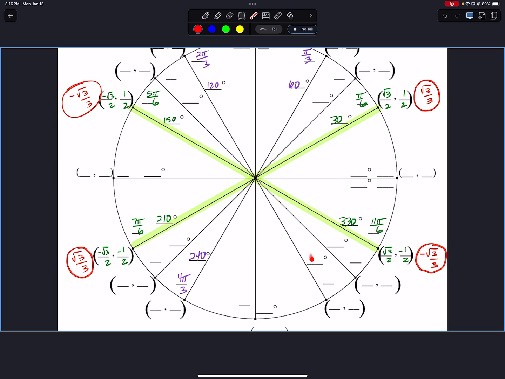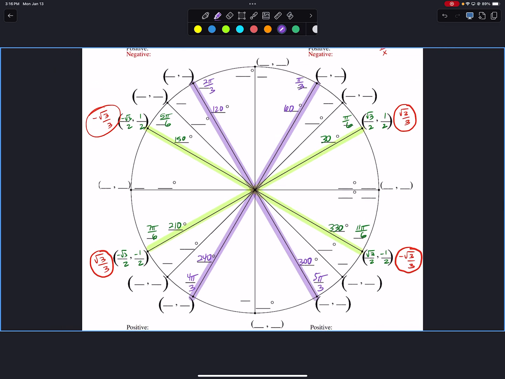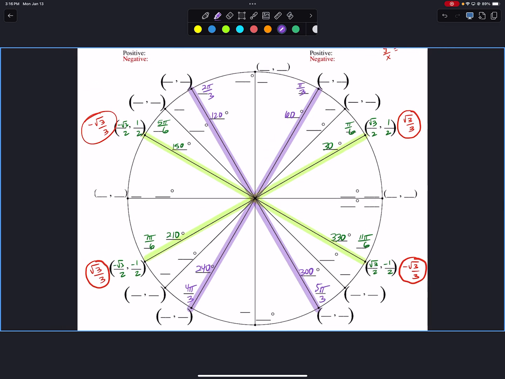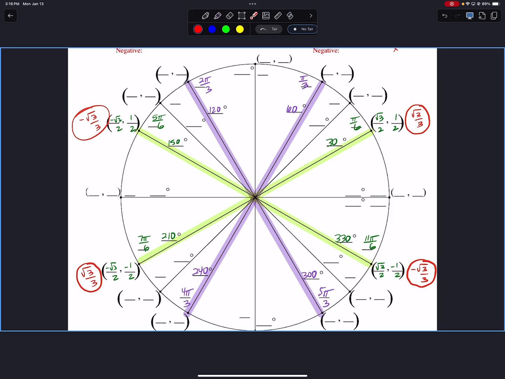What's the measure right here? 300. What is the radian measure? Yes, 5 pi over 3. Okay, so I'm going to do the same thing. I'm going to highlight all of these in purple so it matches. Okay, same idea.